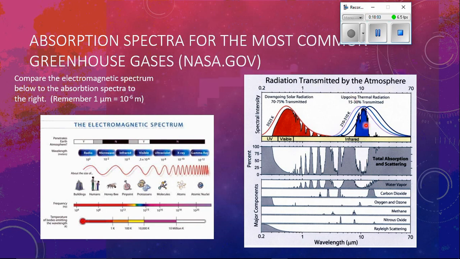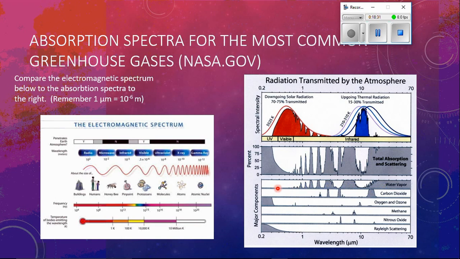If I draw my attention downwards, I see that I can separate out the absorption in terms of different greenhouse gases. So what this says here is that water vapor will actually absorb infrared electromagnetic energy along with short and long wave infrared, some visible.